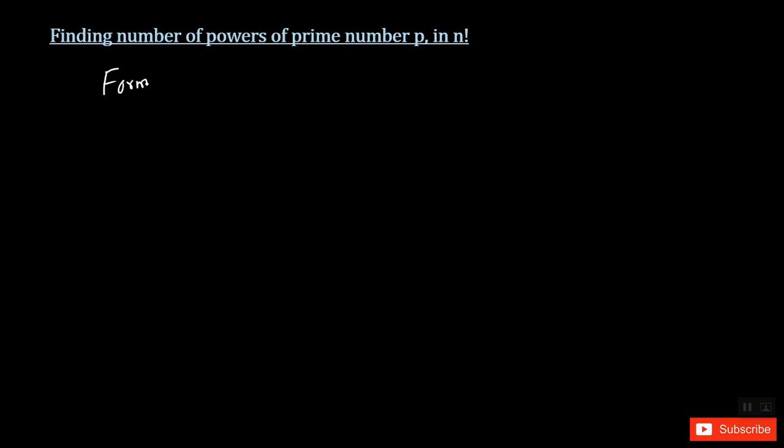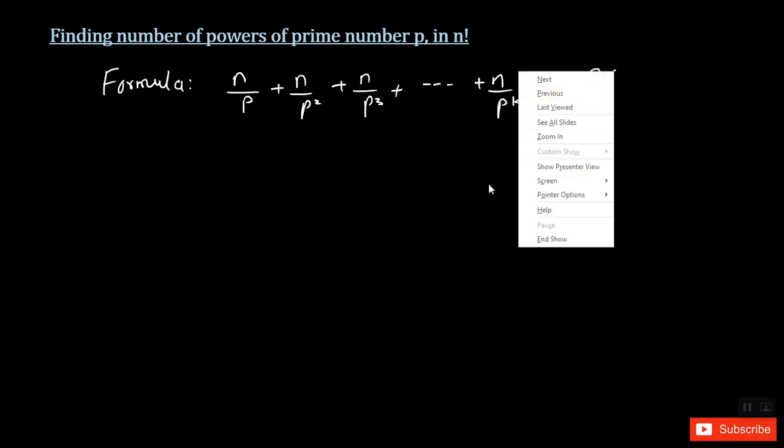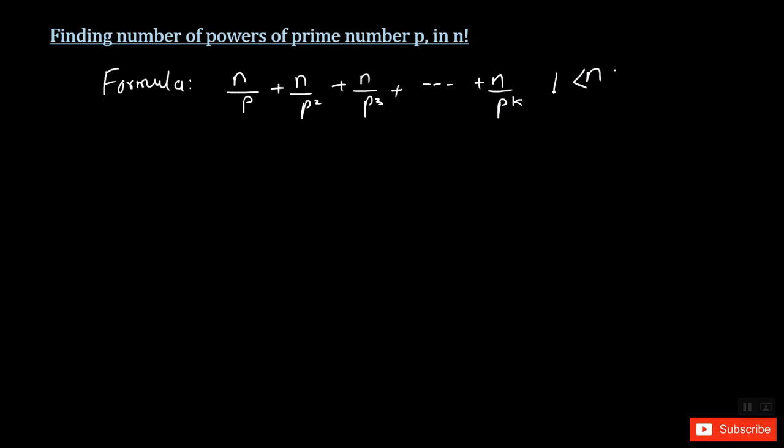The formula to find this is n by p plus n by p square plus n by p cube, and so on, up to n by p to the power k, where the value of k should be selected in such a way that p to the power k should be less than n.